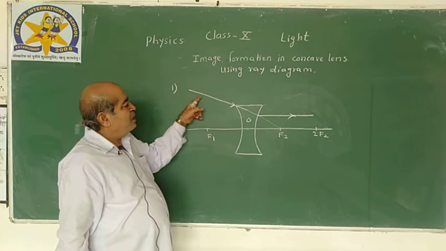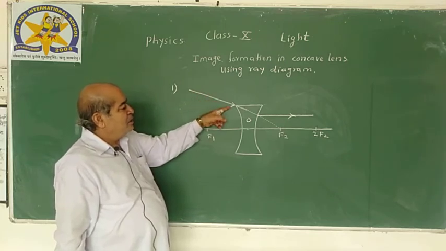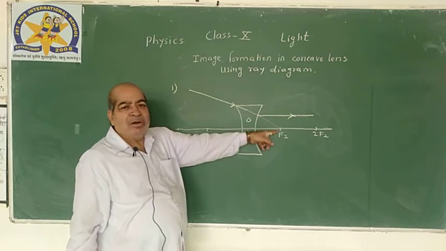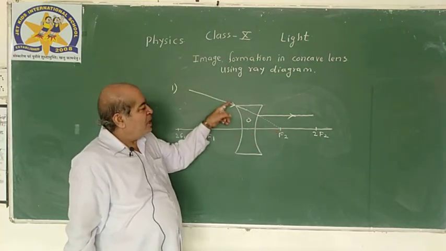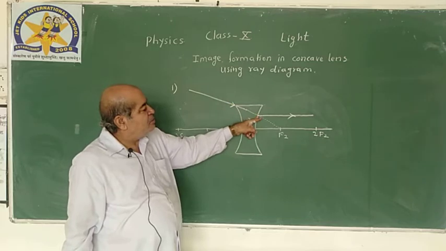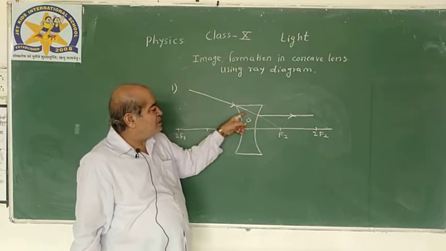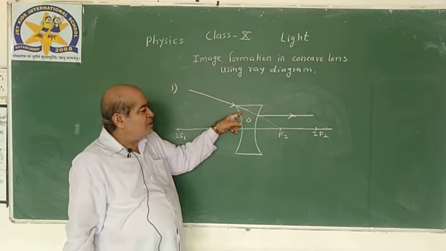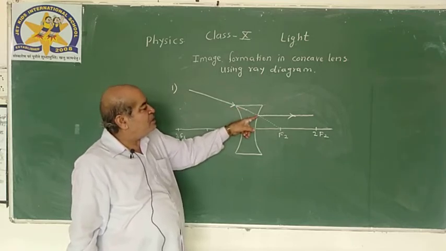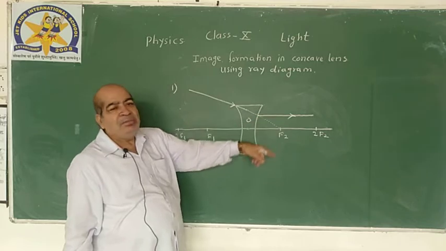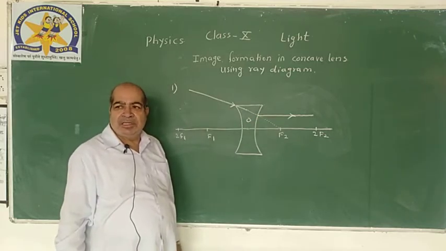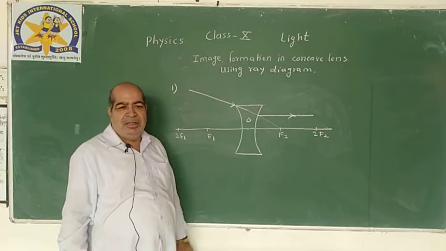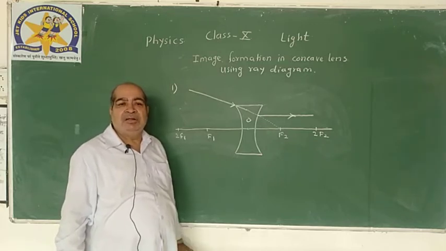When a ray of light meeting towards the principal focus, or directed towards the principal focus, is incident on the lens, after refraction, the ray of light emerges parallel to the principal axis. So this is the second rule.